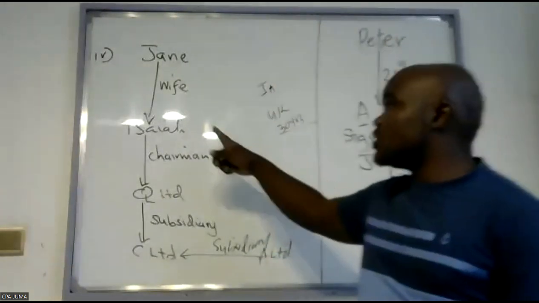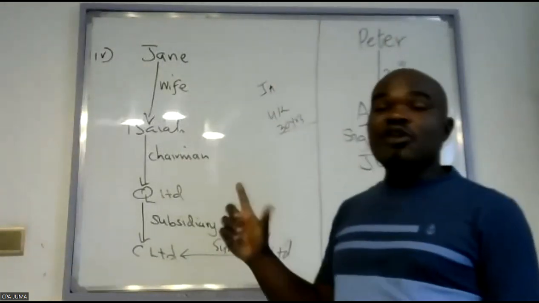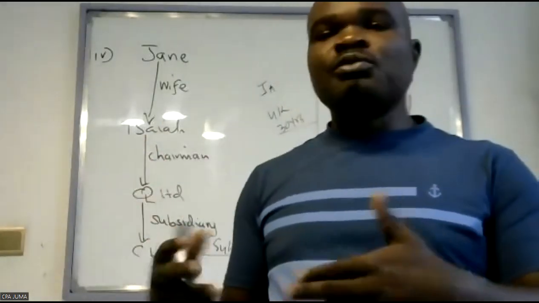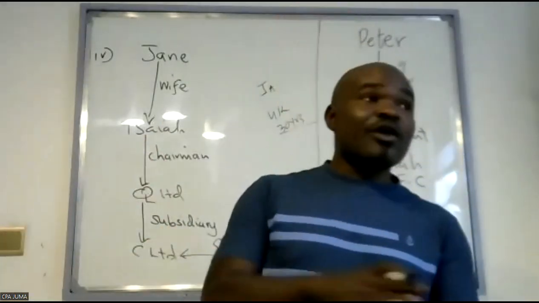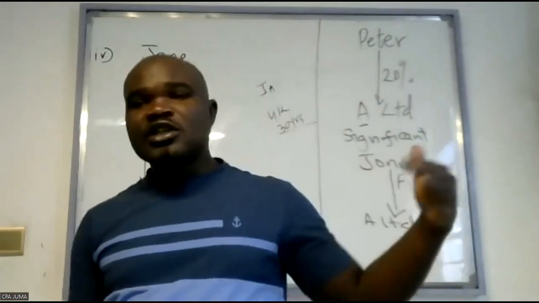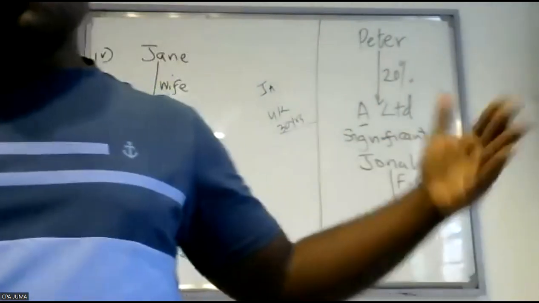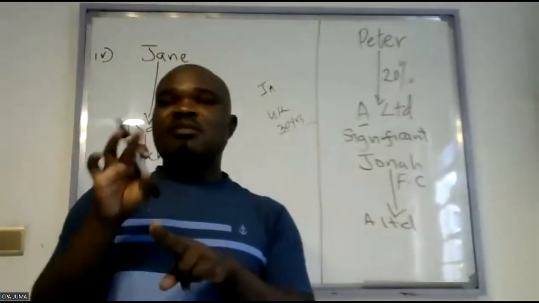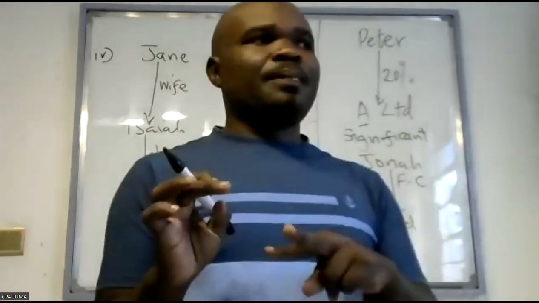Now you see Isaiah is a related party to A. No, if it can be proven that Jane and Isaiah, you know we are grown ups, there are people who are married who don't even talk to each other. If she cannot influence Isaiah's decisions or dealings with the entities, then they are not related parties. So for close family members, you must justify.